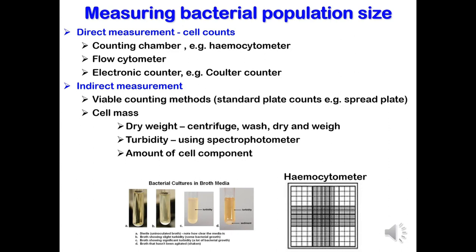Then we also have ways of indirectly measuring cell numbers. For example, you can use viable counting methods such as the spread plate method that we referred to earlier. If you remember, you can grow the bacterial colonies, then the colonies can be counted, and then you can work out from the colony number how many live bacteria are in the sample.